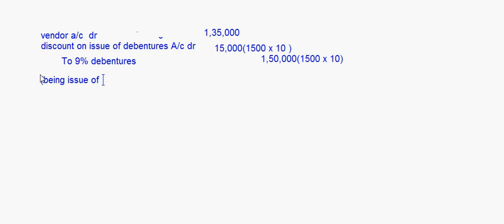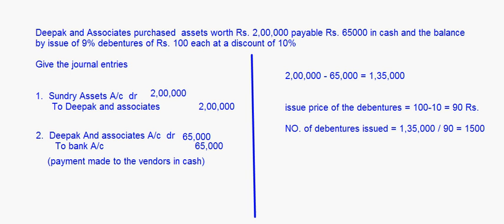Being issue of debentures at a discount of rupees 10, right? So this is how we will do when a part of the purchase consideration is paid in cash, right?